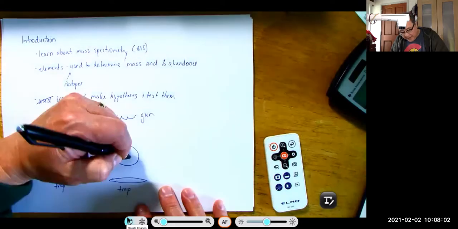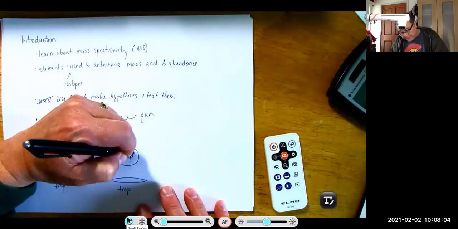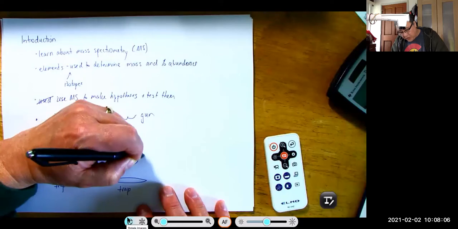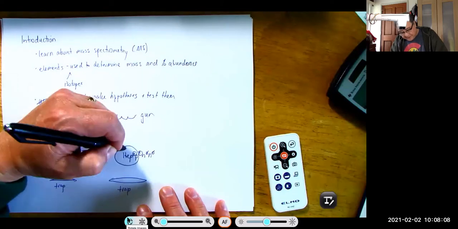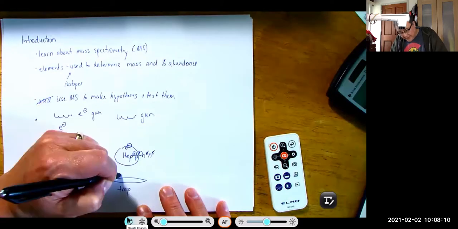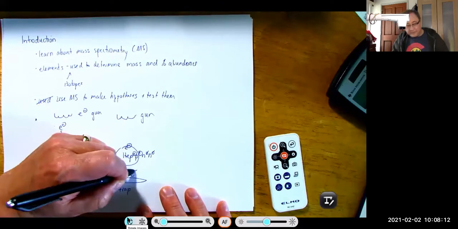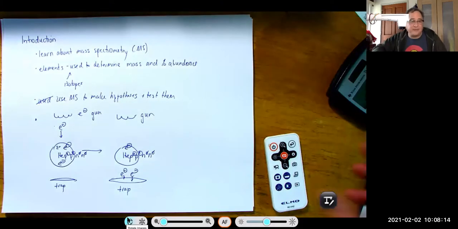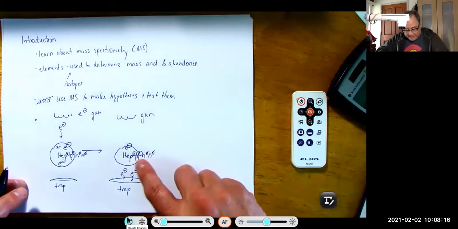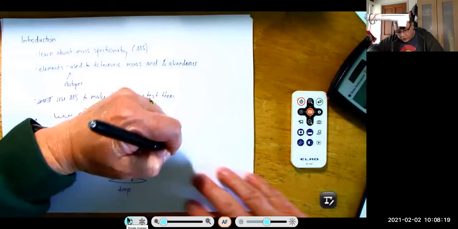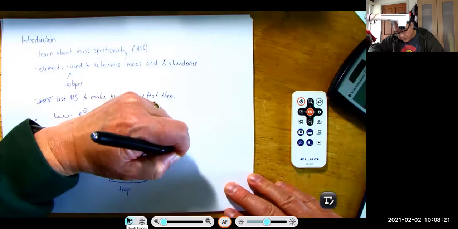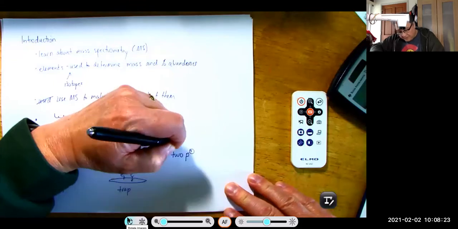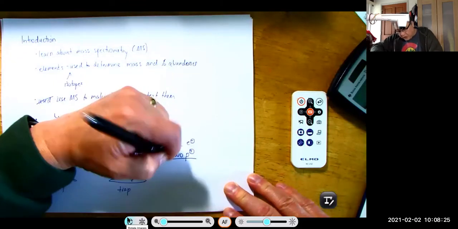Now what's going to happen afterwards, when you knock one of those electrons off, is that the 2 electrons are going to end up going to the trap, and they're trapped. But if you look at this helium, it now has 2 protons, 1 electron, and therefore it's got a +1 charge.